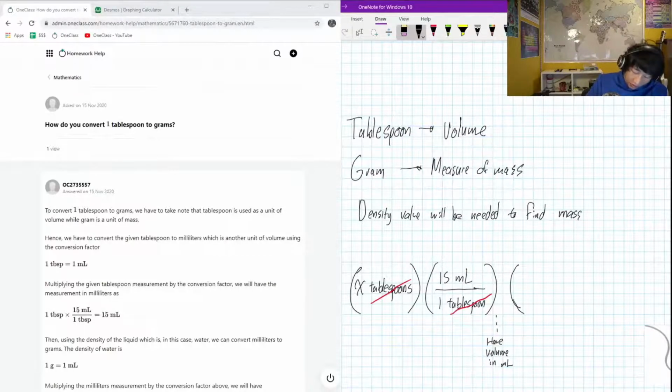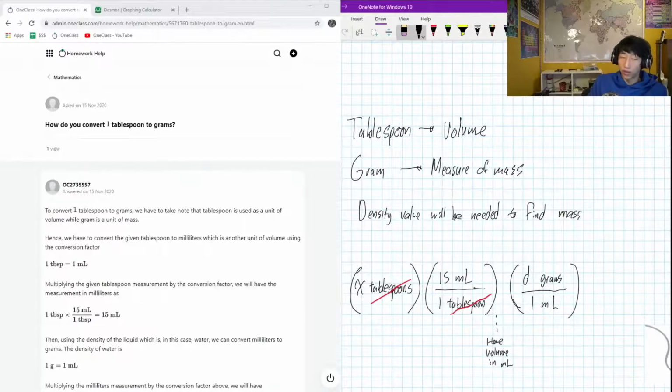So the density will be, let's say d for density, D grams per 1 milliliter. Okay, so water is about 1 gram per milliliter, so you just have 1/1.